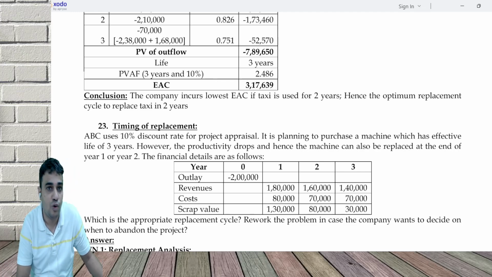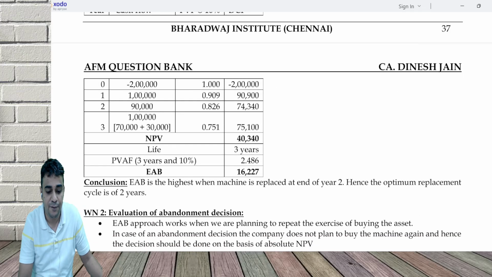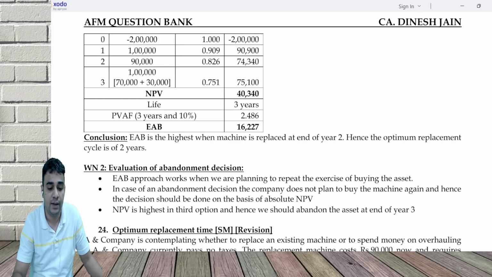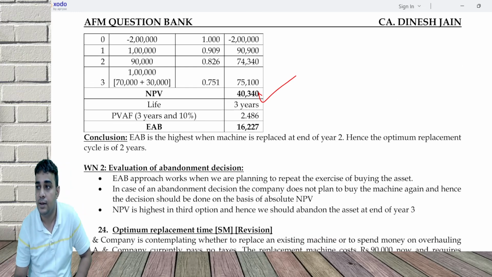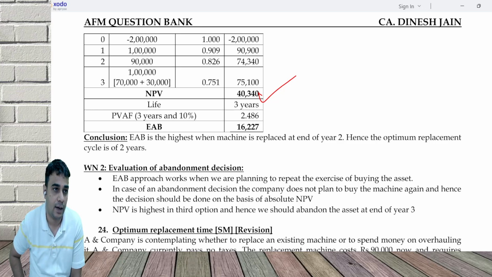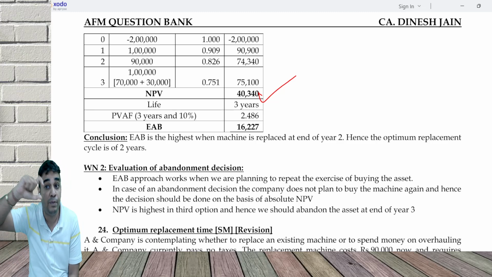If you are going to say no, I'm not going to repeat it multiple times, then go by the absolute amount of NPV or the absolute amount of PV of outflow. So in this case, if abandonment is what you are doing, then I'll directly do it till 3 years. I don't want to cut it in between. In the taxi operator example, we'll have to go with PV of outflow.